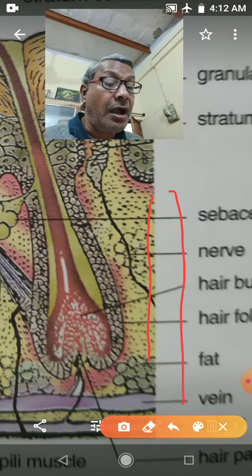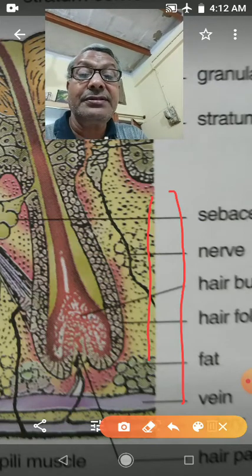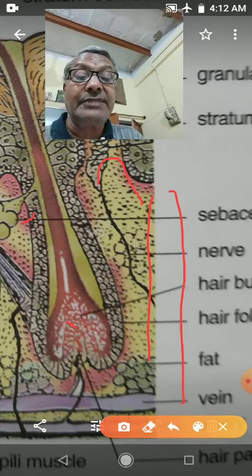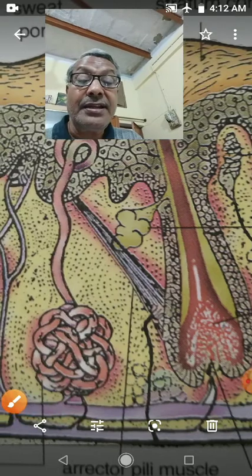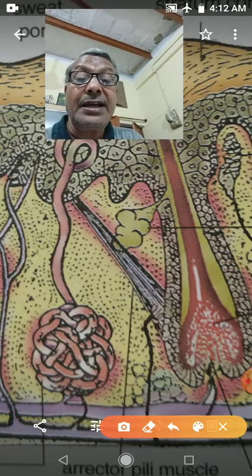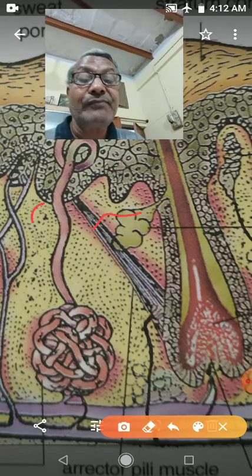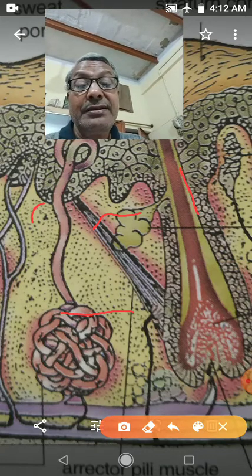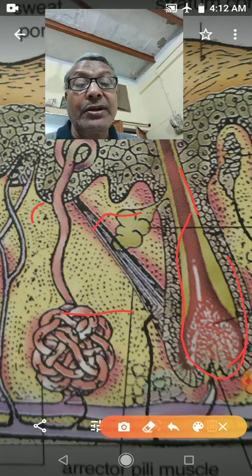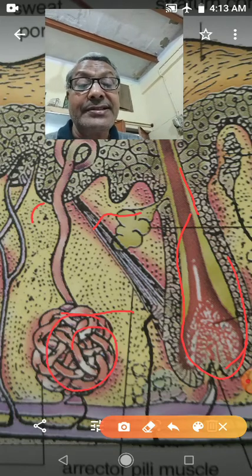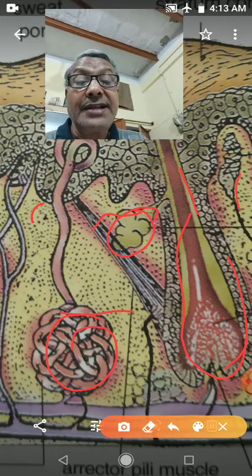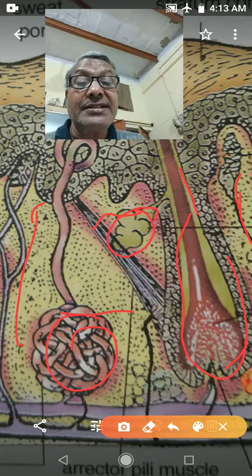This is the outer region of the dermis. I told you in the dermis, these are the hair follicles and hair root. This is the sweat glands. This one is sebaceous glands. These are nerve fibers and blood vessels.